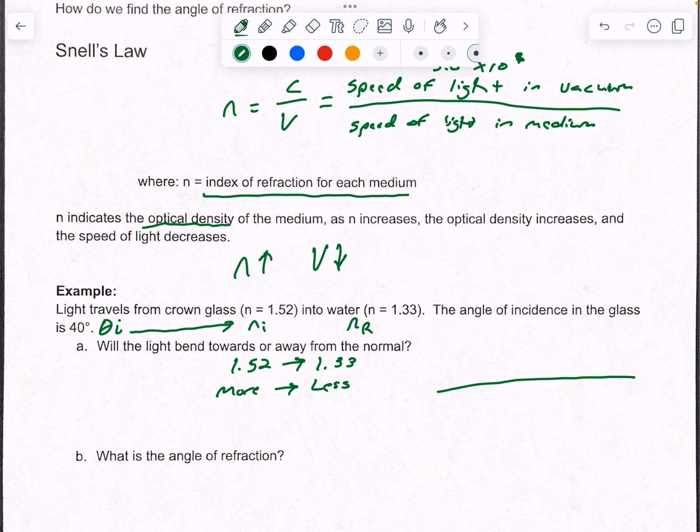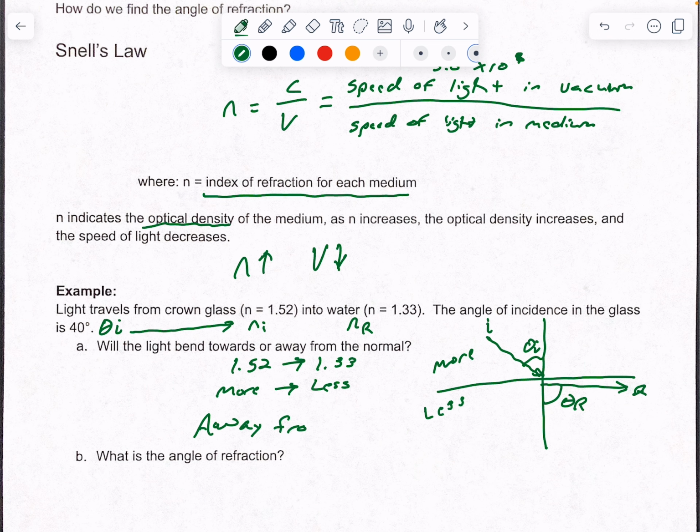You don't really have to draw it, but remember we talked about when we went from more dense to less, you had your incident ray coming in, and it had its angle there. Now, when you go from more dense to less dense, remember that angle got bigger. It's going to go away from the normal. Okay, so now your theta R is going to be bigger. So that would be your answer. Okay, it's going to bend away from the normal.